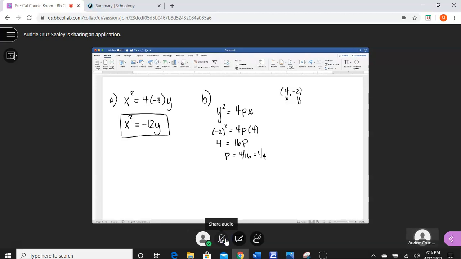Okay, so there's a point that's on the parabola, 4 comma -2. 4 is an x value, -2 is a y value. So I substituted those values into the formula for y and x to solve for p, because I don't know where the focus is. So you have no idea what the p is. So then I did algebra and I solved for p. So p is 1/4. And this is what I was talking about with Alec. I think Alec got 1/4 for p, but then you have to plug the 1/4 back in.